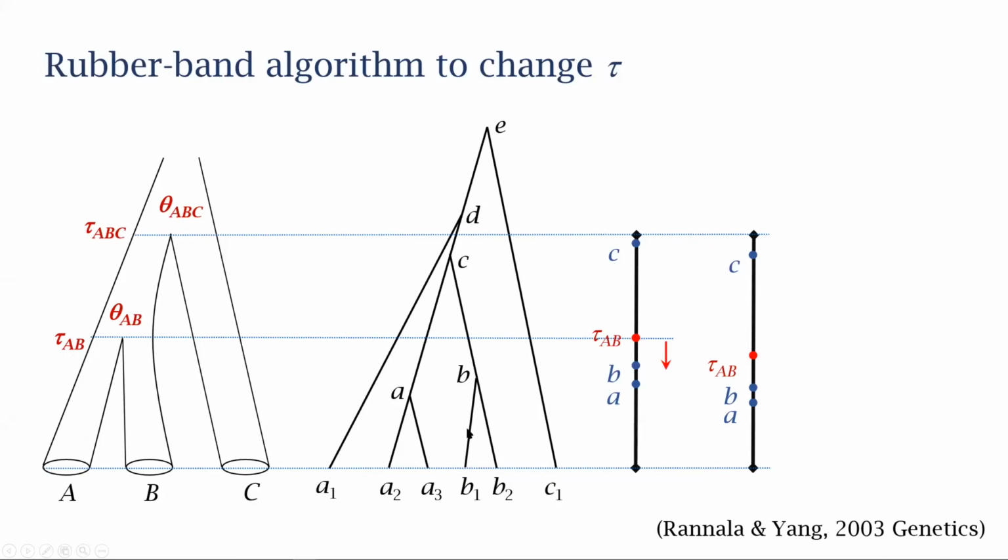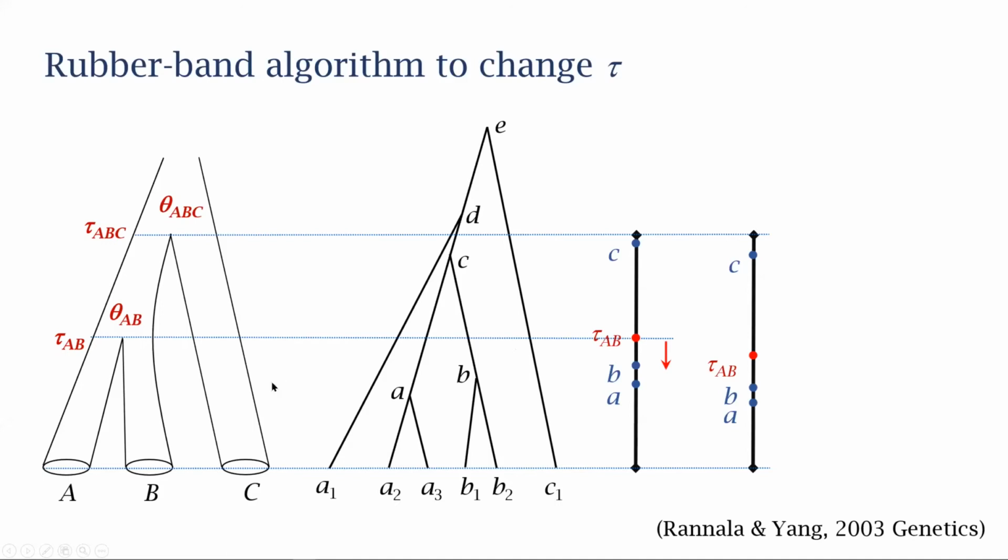A2 and B1 have the divergence time that's here, right between the two taus. So if you have 1,000 loci or gene trees and you scan all the gene trees for the smallest sequence divergence time, it's very close to tau AB.